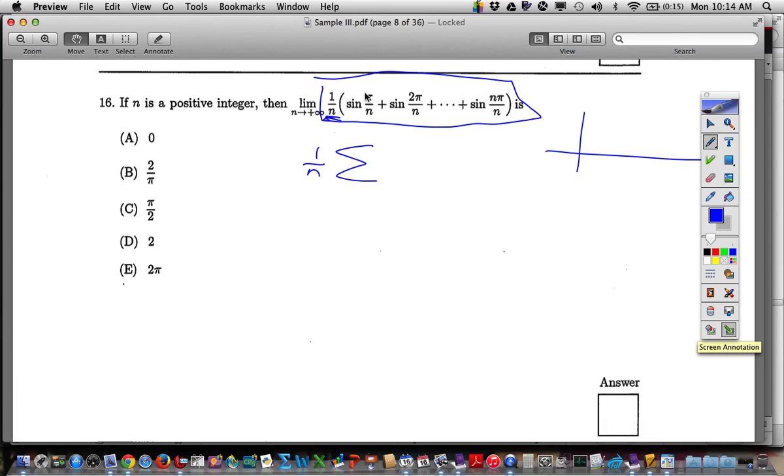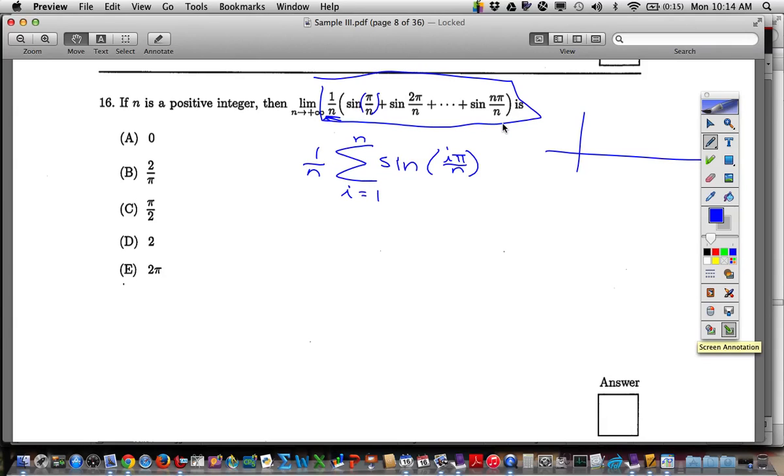Now I notice each one of these functions has a sine, and it's got 1 pi, 2 pi, 3 pi. So what's that going to be in here? That's the i pi over n, and then we've got i equals 1 to n, right? Because the last one has n pi over n.